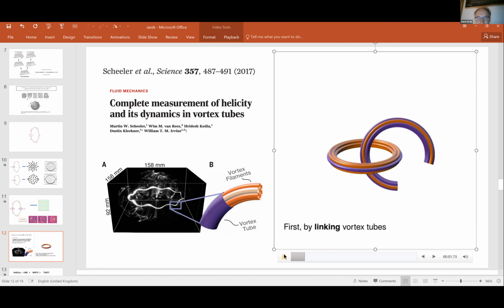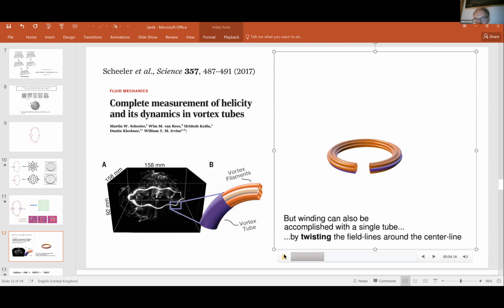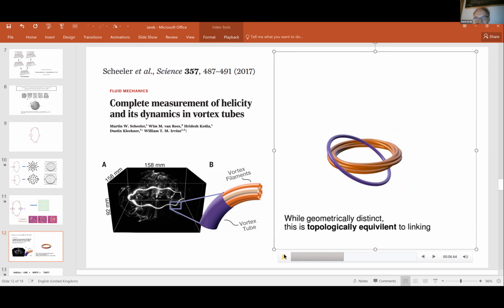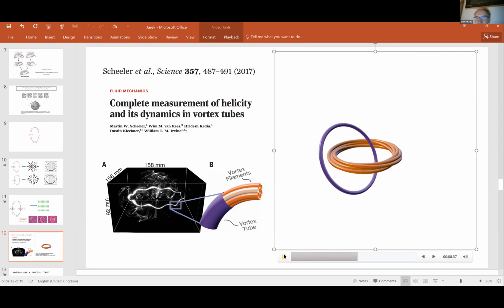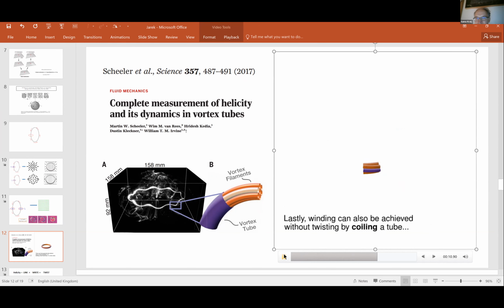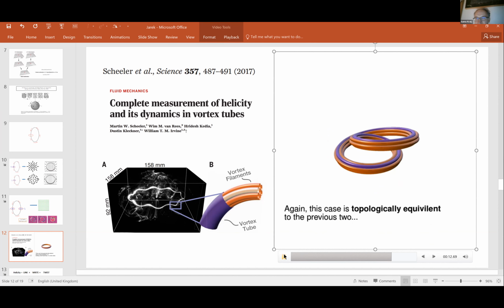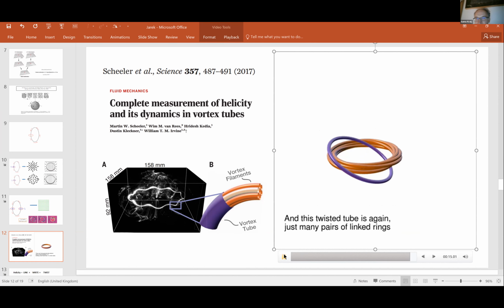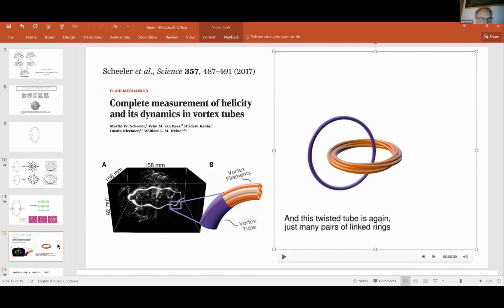This helicity contains three different geometrical features, and the sum of them is conserved.